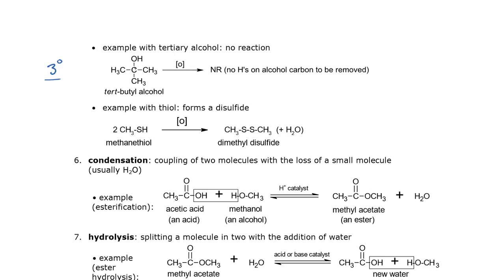And another common functional group that gets oxidized are thiols. Thiols, such as this one, which is methane thiol, can be oxidized to make disulfides. I actually think this should not be plus water, but should be plus H2, because we're noticing that we lose an H, and there's 2 of them, so we actually lose 2 H's, and then we hook those sulfurs together.